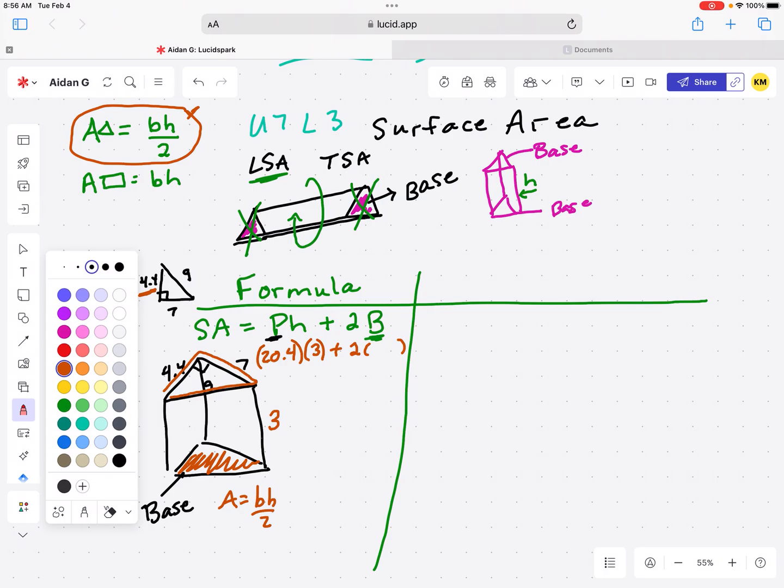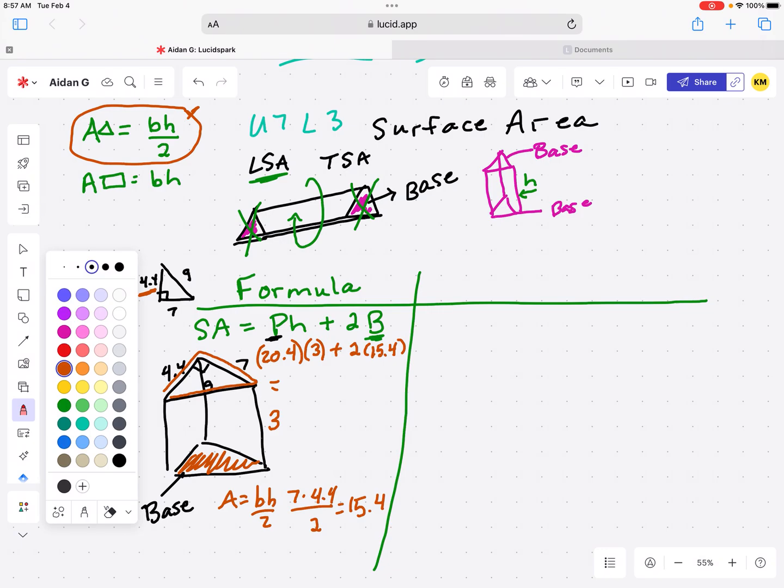The base is 7, 4.4 is the height, and we divide it by 2. So let's see, 7 times 4.4 divided by 2 is 15.4. That's the area of that triangle, and that's what we're going to put in there.